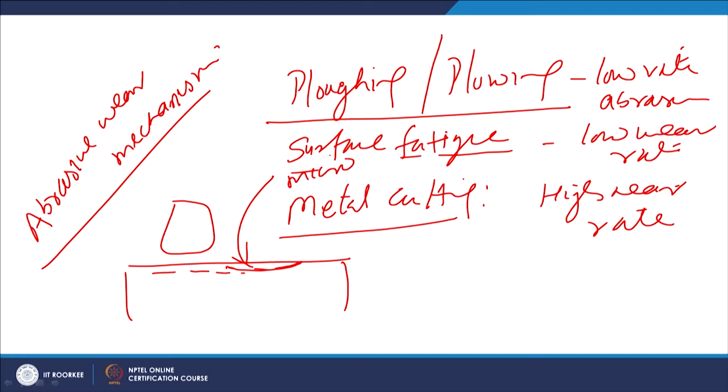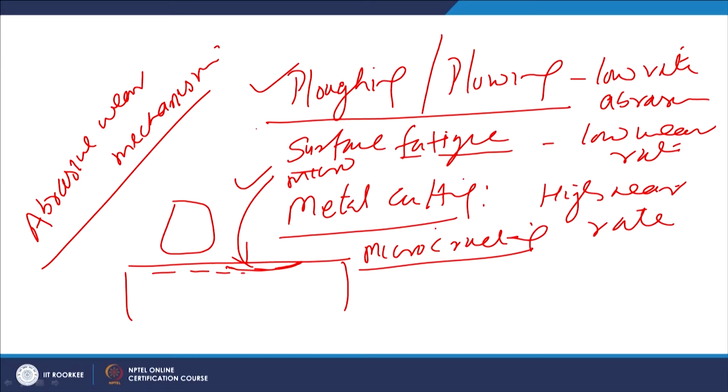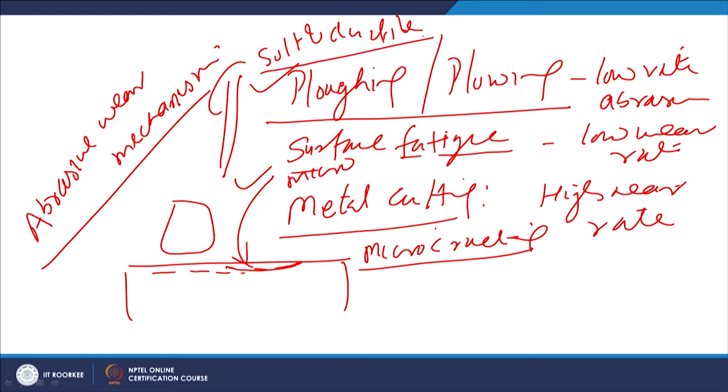In case of brittle materials, micro cracking is also a mechanism which leads to removal of the material. So, ploughing and metal cutting are the two mechanisms mostly seen in soft and ductile metals, while micro cracking is mostly observed in brittle materials.